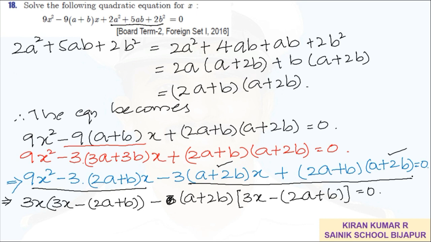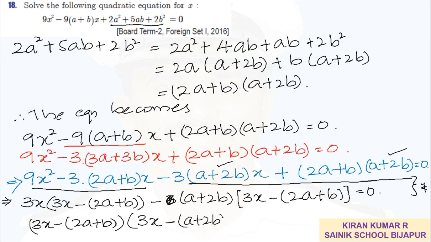These two steps are very important. In the next step, there is 3x minus of 2a plus b common, into 3x will remain minus of a plus 2b will remain equal to 0.